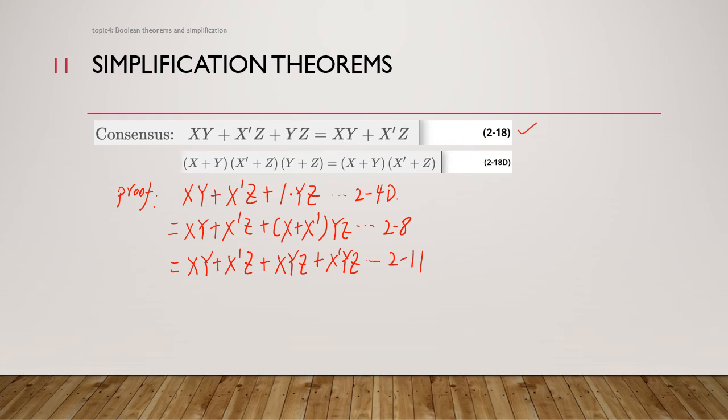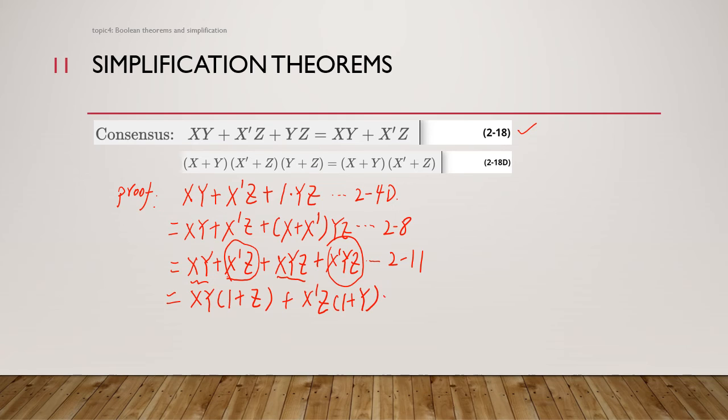Okay. Then if we combine the first term and the third term, we get x and y, 1 or z. And if we combine the second term and the fourth term, we get x prime z, 1 or y.